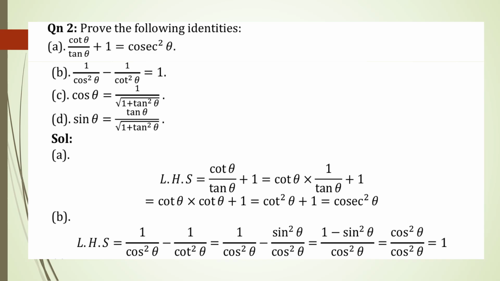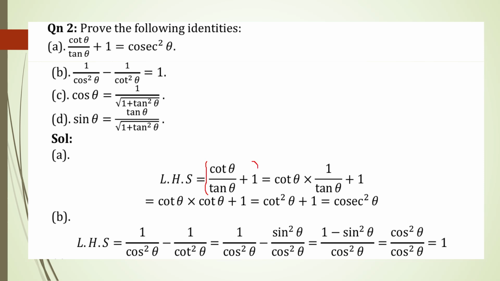Discussing the next question, we are going to be looking at how you can prove these identities. Remember, we are going to be following the same principles, but some require to be technical. If you look at part A, we are going to start from the left-hand side.